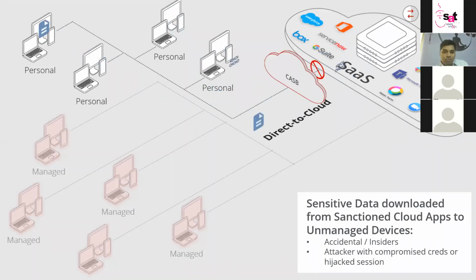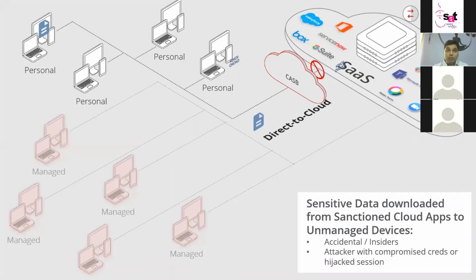Now, to address that, CASB can come in between, and we use a method called reverse proxy for this, which is agentless. There is no agent requirement on the endpoint. That's why it would work for managed, unmanaged, all of it. Because now via reverse proxy, the CASB, McAfee MVISION Cloud, is inline.